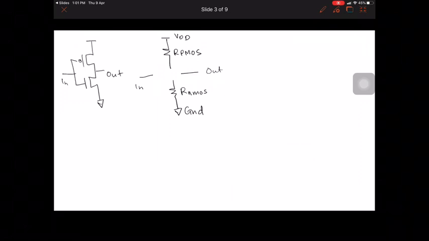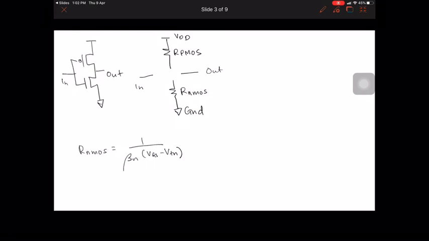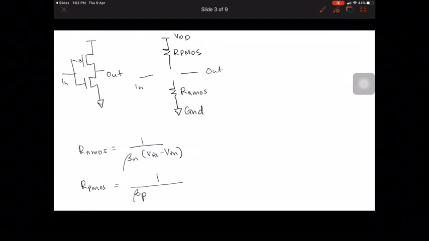Okay, so now the R NMOS, which we calculated just now, is 1 over beta N (VGS minus VTN), and R PMOS is 1 over beta P (VGS minus VTP).